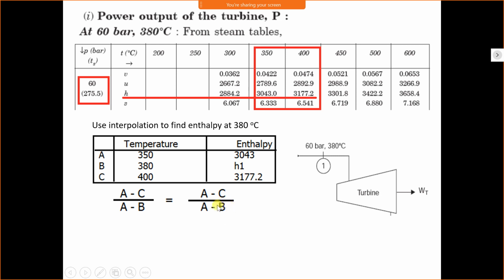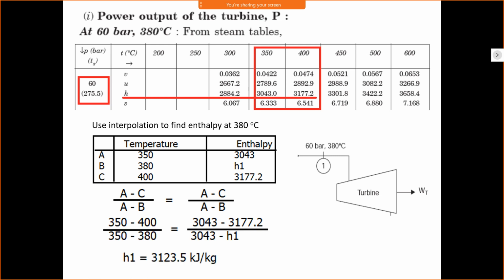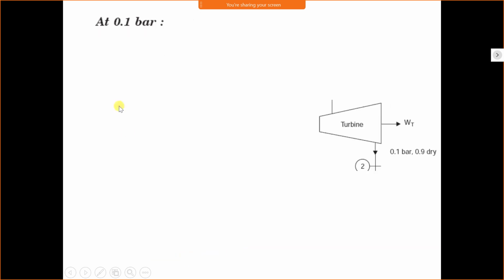Here only H1 is unknown, the remaining terms are known to us, therefore we can calculate H1, and we got H1 as 3123.5 kilojoule per kg.